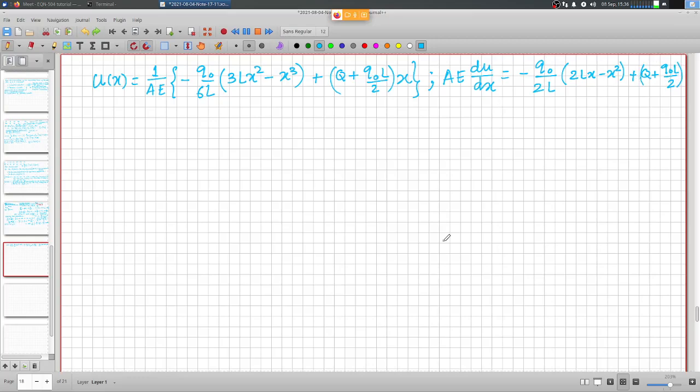So these are the analytical solution, the exact solution within the framework of the theory of differential equations.